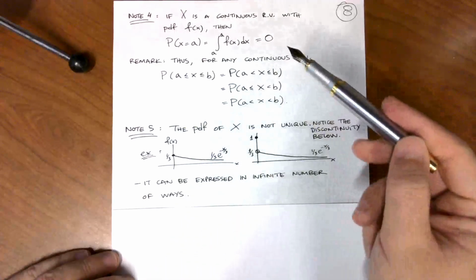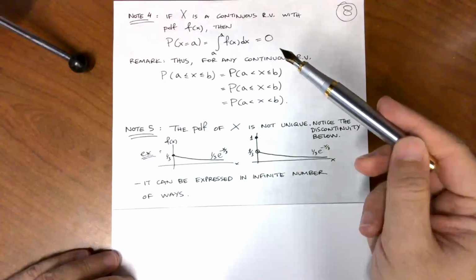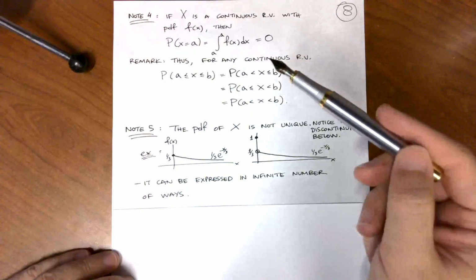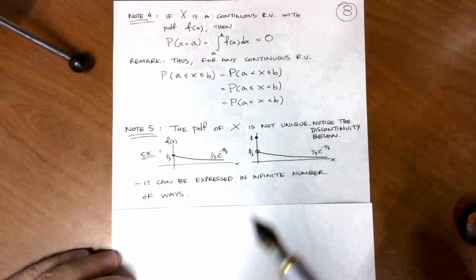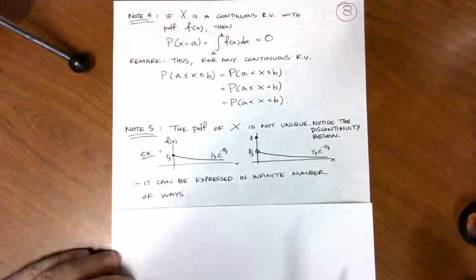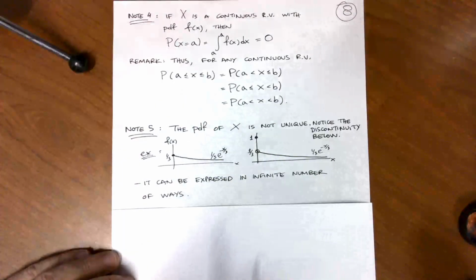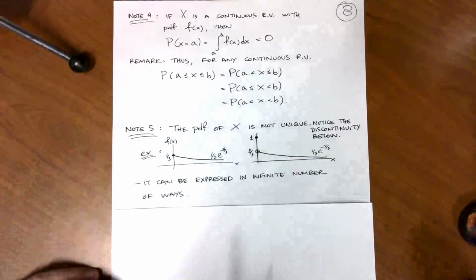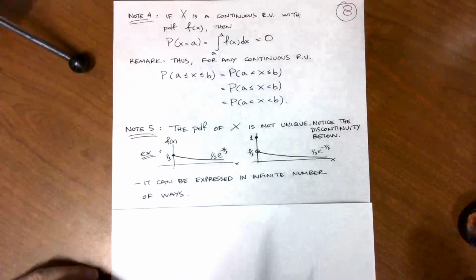On the basis of this understanding that we cannot assign a positive probability to any specific value of x, it means that there's an infinite number of PDFs of X that look like this but have a form of discontinuity, and you can take advantage of that fact when you're modeling a variety of processes.